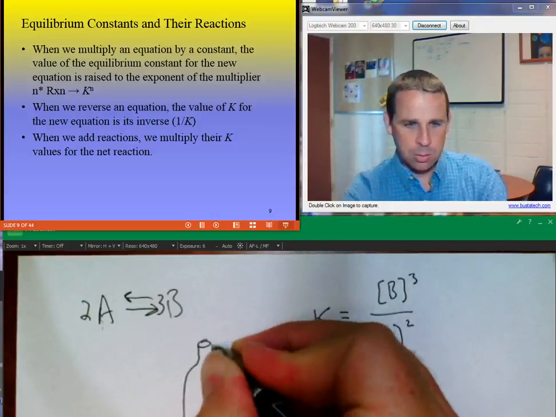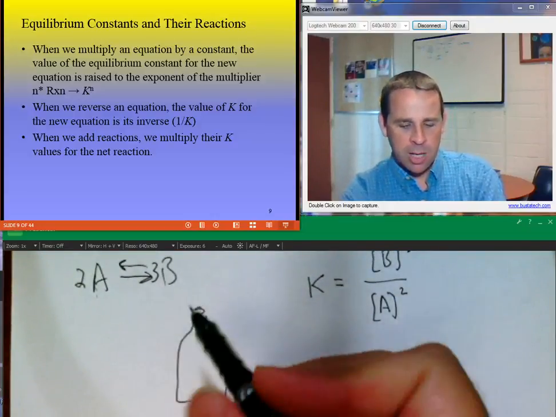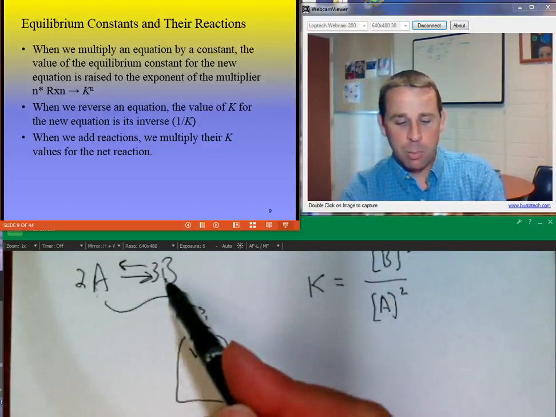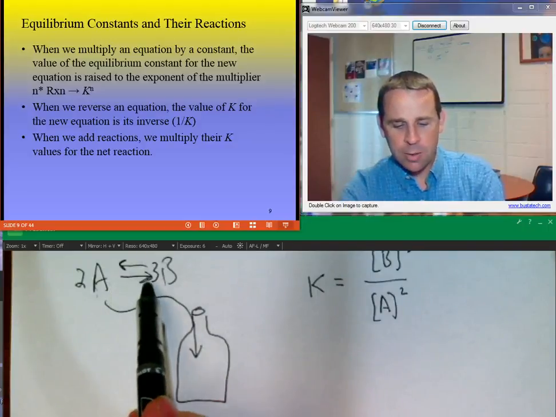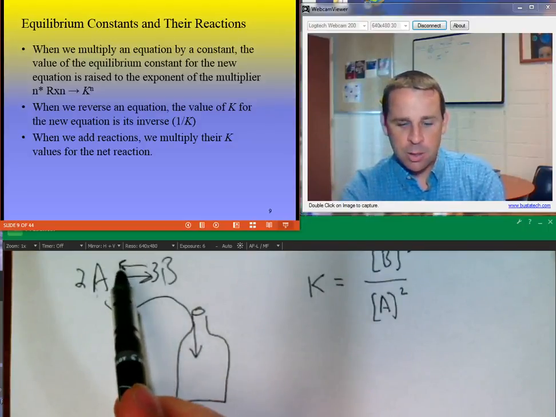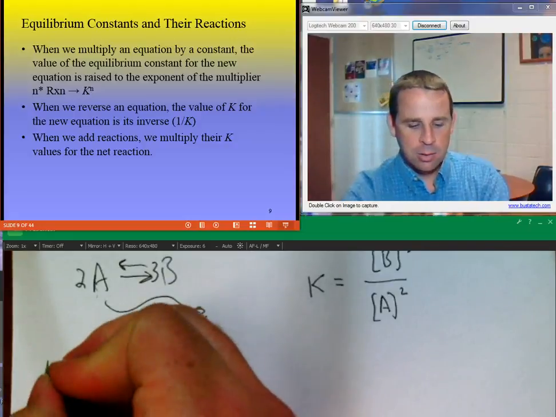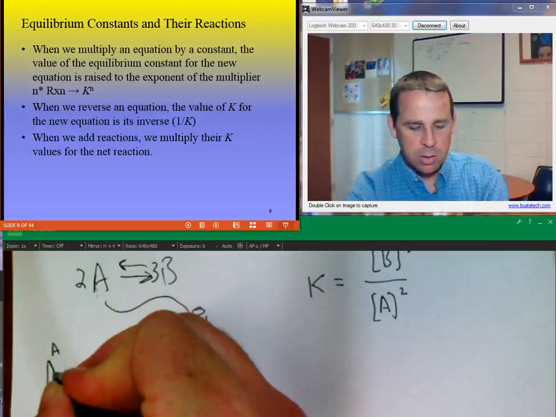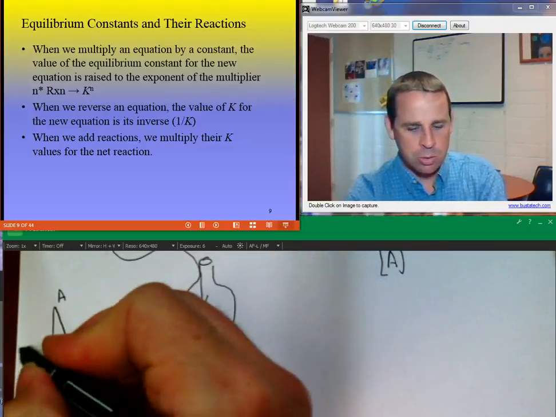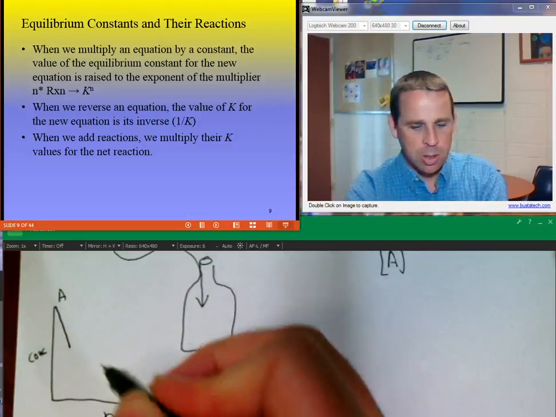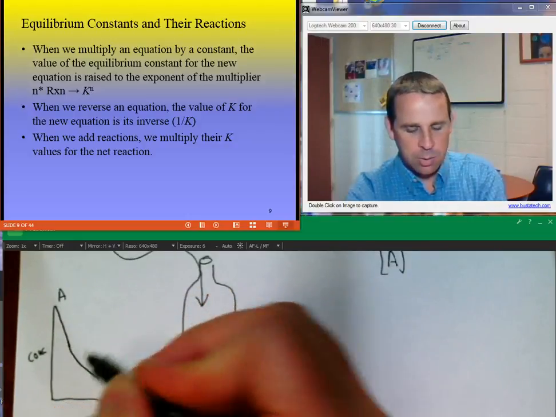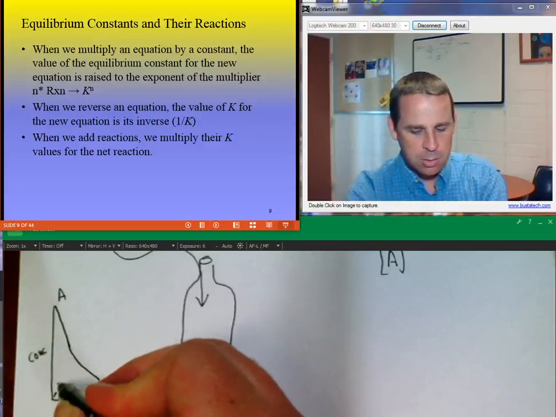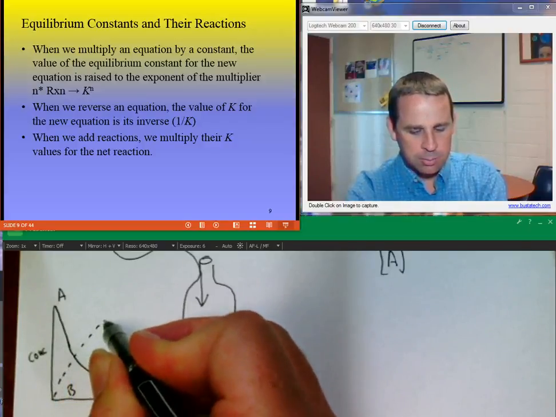If I put in 2A, and then immediately the 2A consumes itself and most of it goes to 3B, if the rate of this reaction is fast compared to the rate of the reverse reaction, then if I plot the concentration of A versus time, its concentration is going to go down. And if this is the concentration of B on this line, its concentration is going to go up.